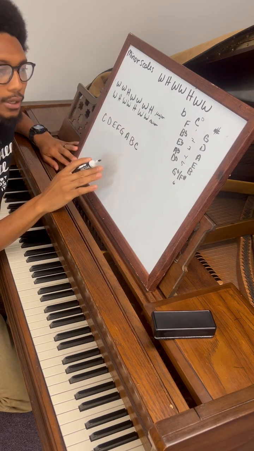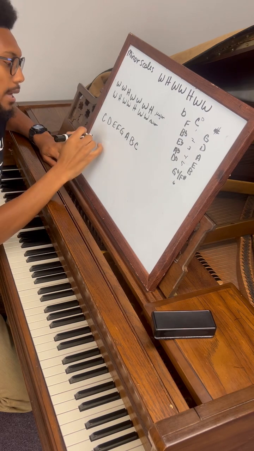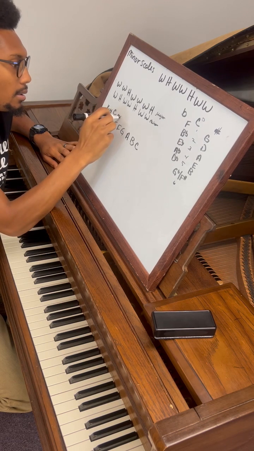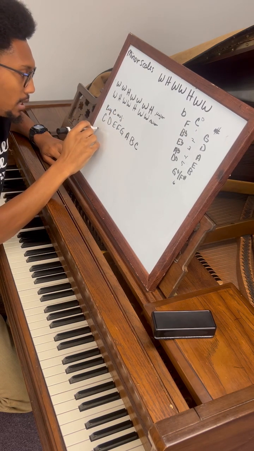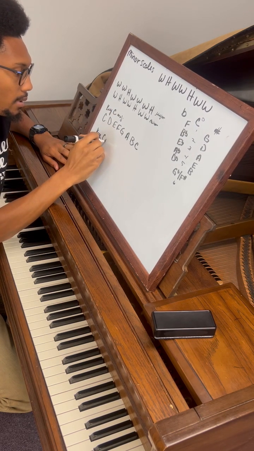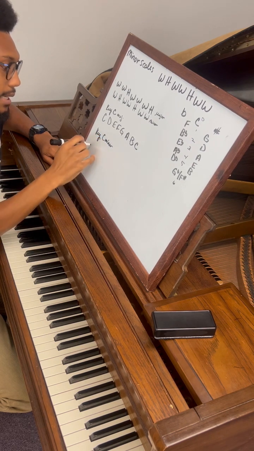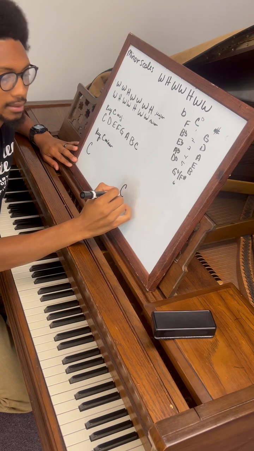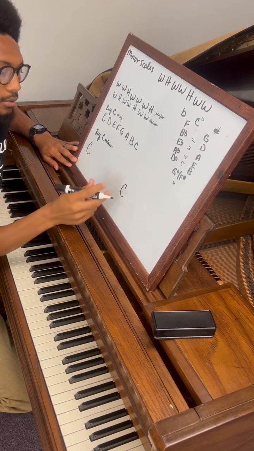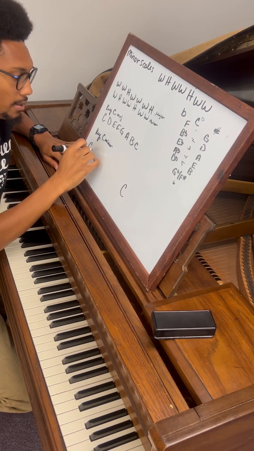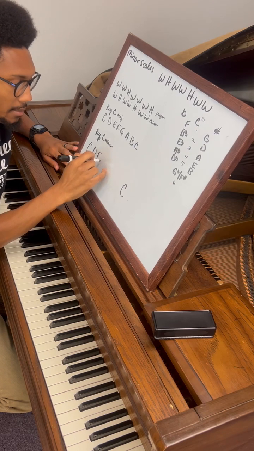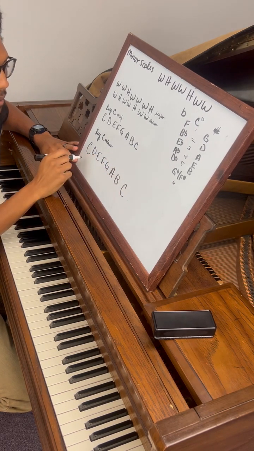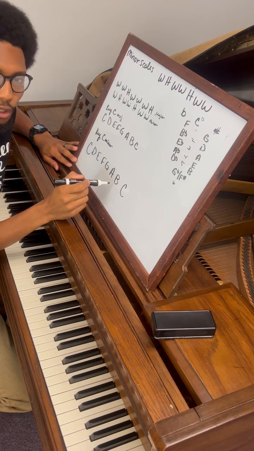So if nothing else, I know that this minor scale has to start on C, because I said that we were in the key of C minor, which means it also must end using the note C. The alphabet stays the same, but some of those notes get lowered.